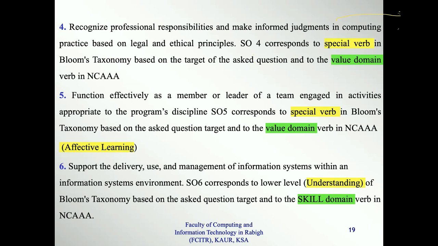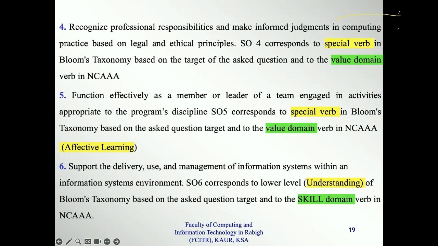This is the value domain because it recognizes professional responsibilities. Number 5, student learning outcome of ABET, is function effectively as a member or leader of a team, and it is the value domain. Number 6 is support the delivery, use and management of information systems within an information system.